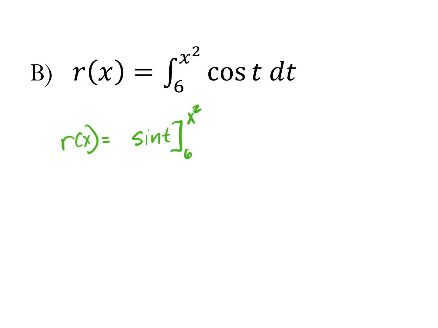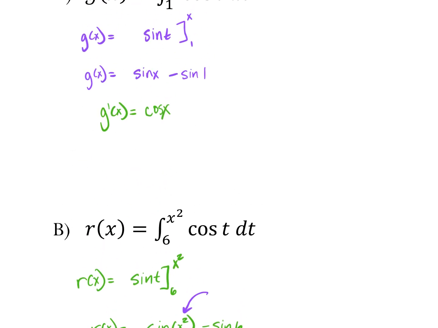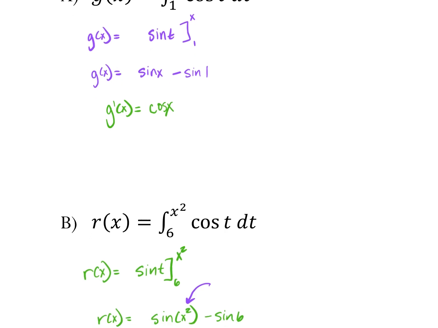This one's going to look a little bit different. How is this different than the previous two examples? Now when I go to take my derivative, I have an inside function. Technically I did up here too, it's just that inside function was x. Now it's x squared.